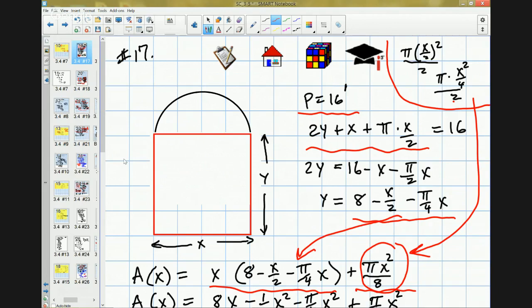So we're limited by the perimeter at 16. That's this guy right here. So that's kind of where we're beginning. And so this perimeter all the way around, including the semicircle, the whole thing has to be a perimeter of 16.